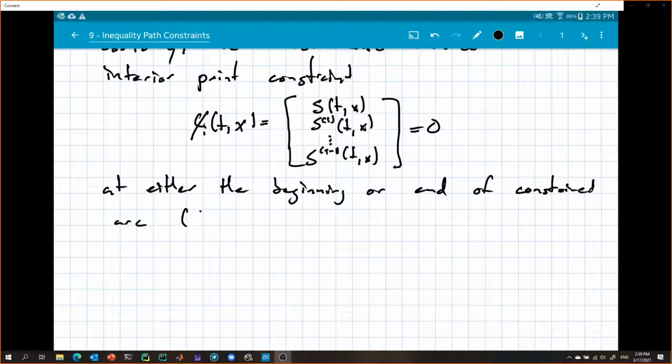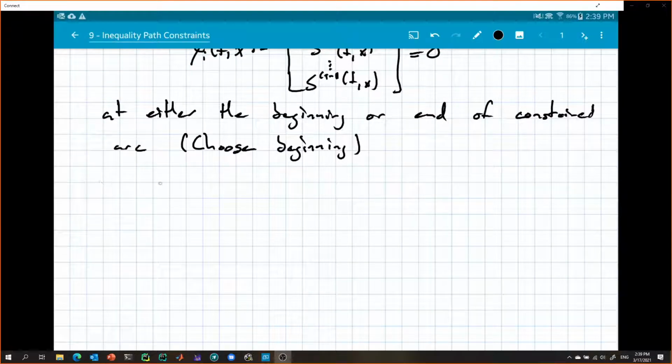And just for simplicity, you could do either one, because on that constrained arc, the highest derivative of the constraint is going to be 0. So that means all these other derivatives will be 0, regardless of where you put this interior point constraint. I think technically you could even put it in the middle, but that would just make your life more difficult. But for simplicity, we're just going to choose the beginning.